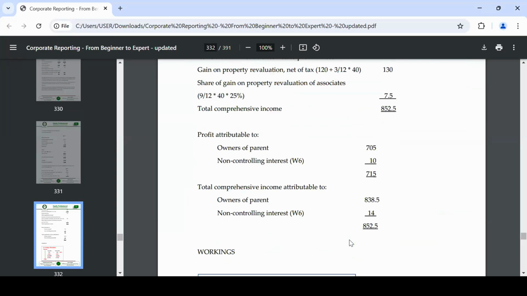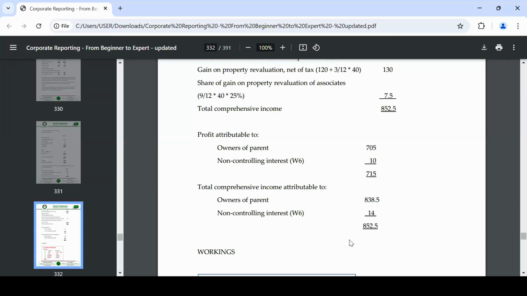How do you do it, right from simple consolidation in FR? In this sharing, whatever you have had as your calculation for NCI, the balance of it is what is going to the owners of the parent. The only third party we are paying share of profit to, or we owe share of profit to, is the NCI.